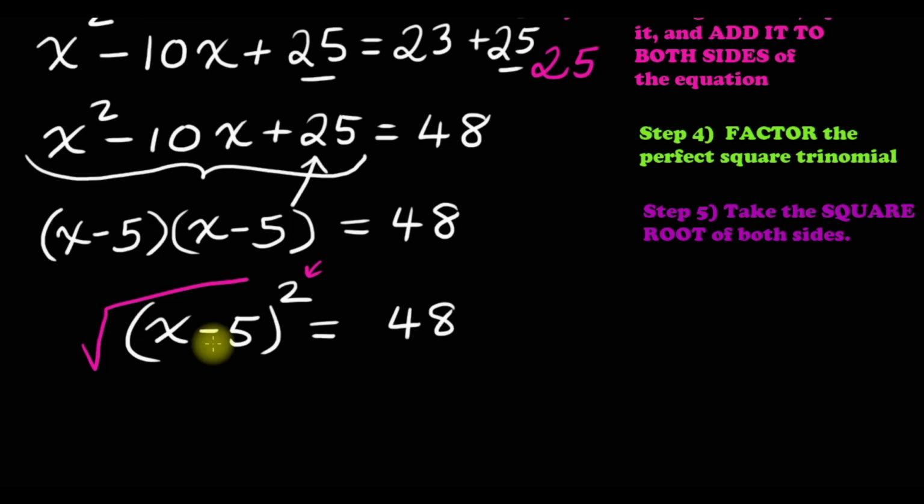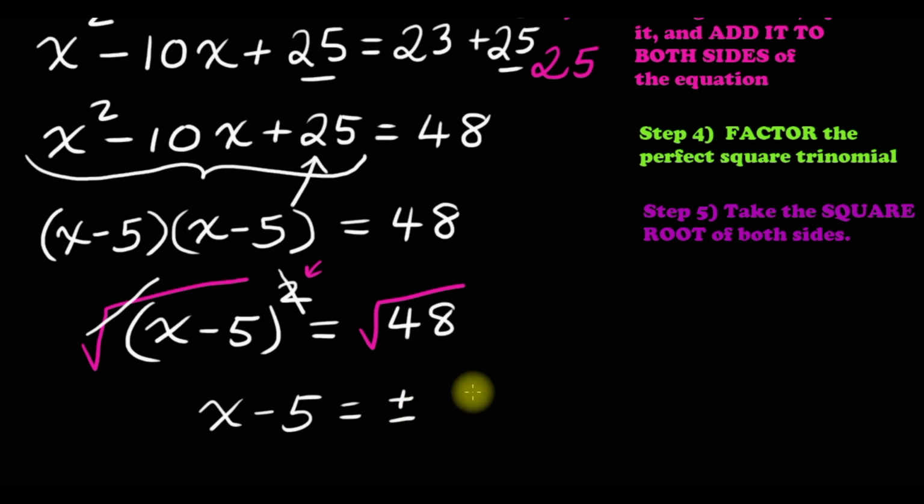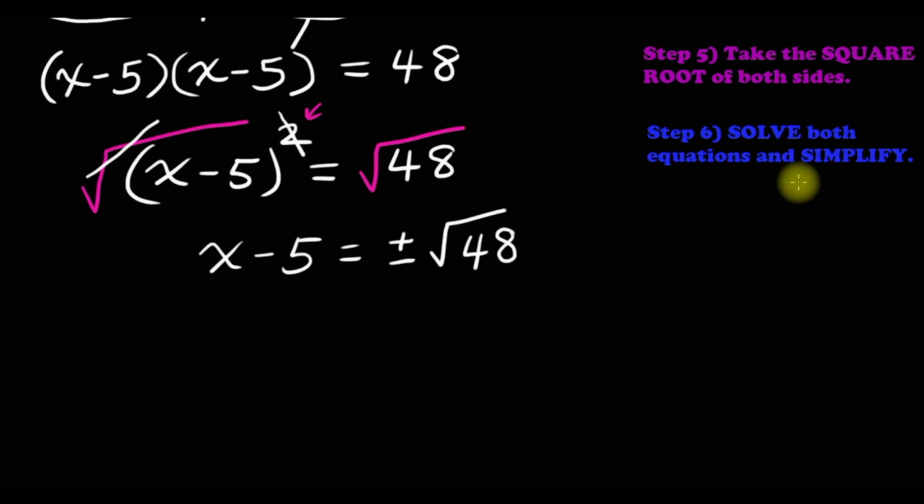If you do the square root on the left, you've got to do the square root on the right. The square root takes away the square because they're opposites, and you're left with just x take away 5. And then over here, you need plus or minus. Now, square root of 48 is not a perfect square, so we're just going to keep it like that for now. All right, last thing we have to do is solve the equations and simplify.